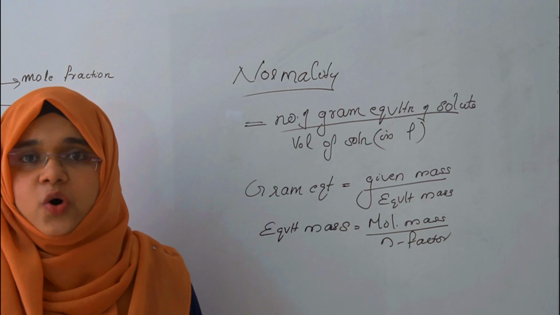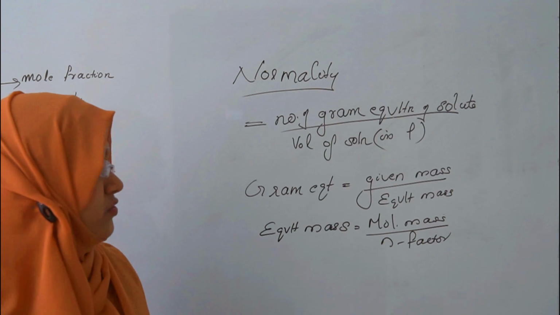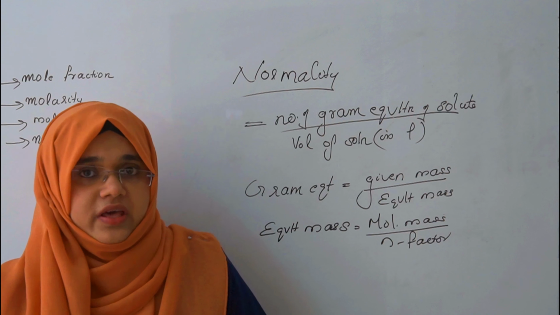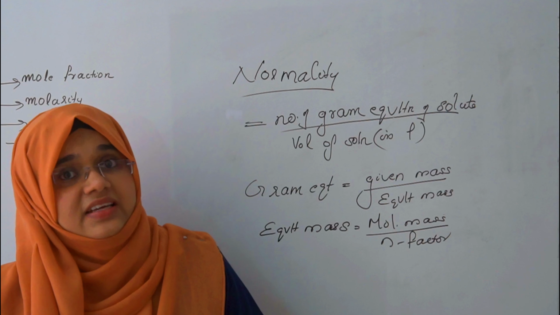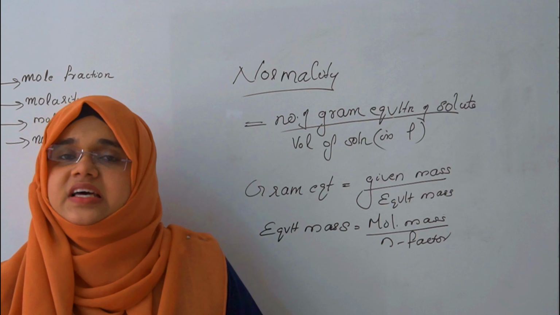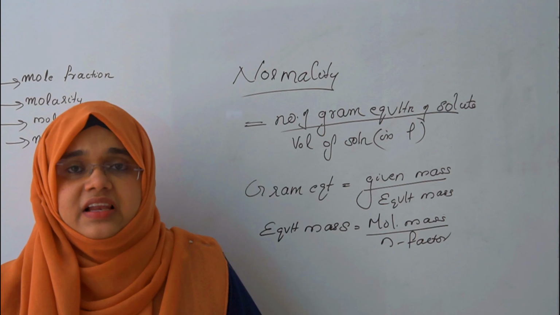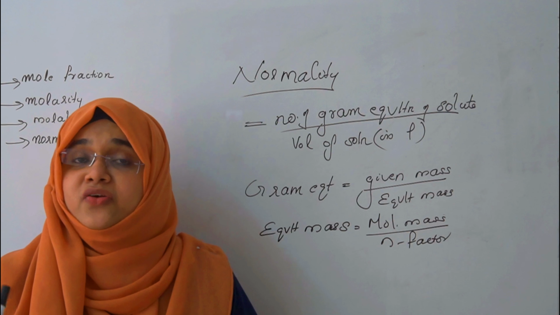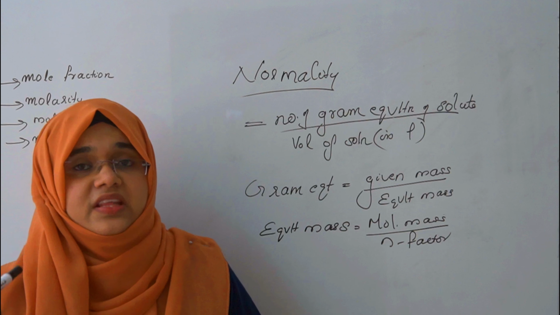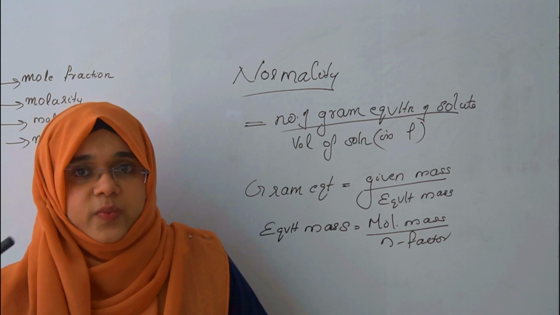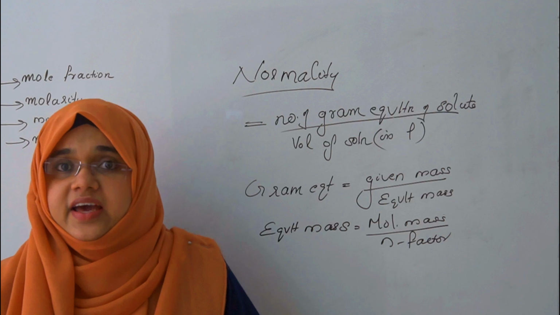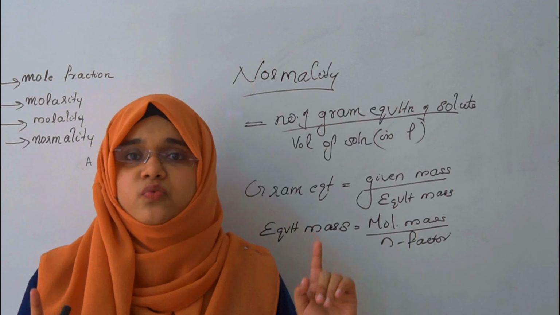In the case of salts like NaCl, n factor is the number of electrons involved. In the case of acids, it is the basicity, the number of replaceable hydrogen ions. In the case of HCl, only one H plus ion is left. So its basicity is 1, hence its n factor is 1.